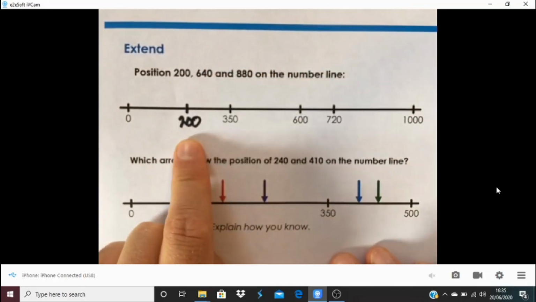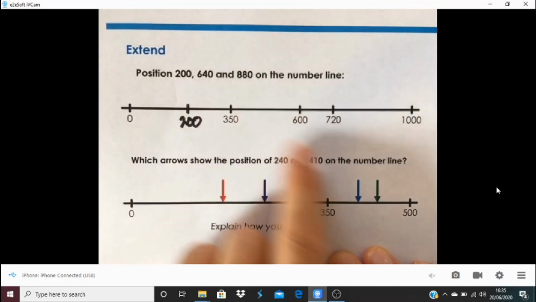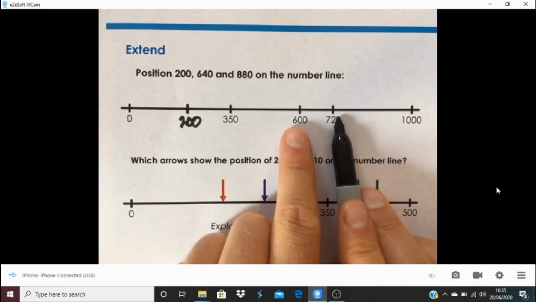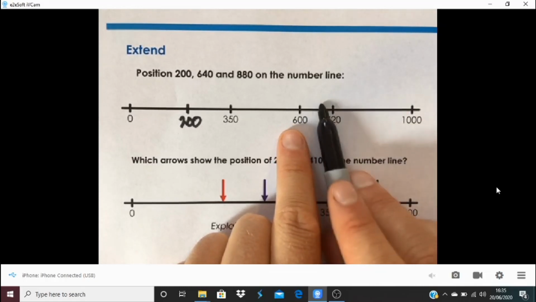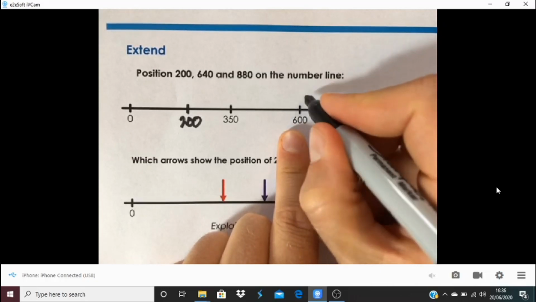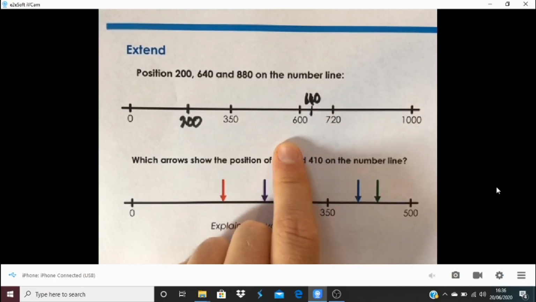Something like that. Now, for 640, I was thinking, well, 640, so 600 to 720, that's 120, and 40 is a third of the way along. If I split this into 3 equal pieces, so I think about there for 600, I'm going to write it up here, 640, something like that.